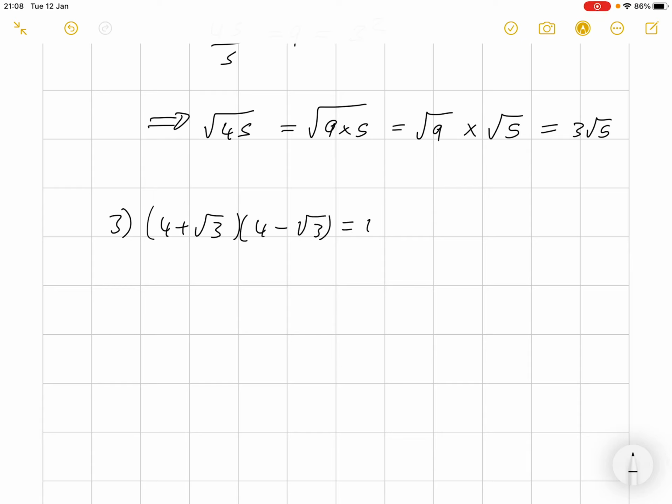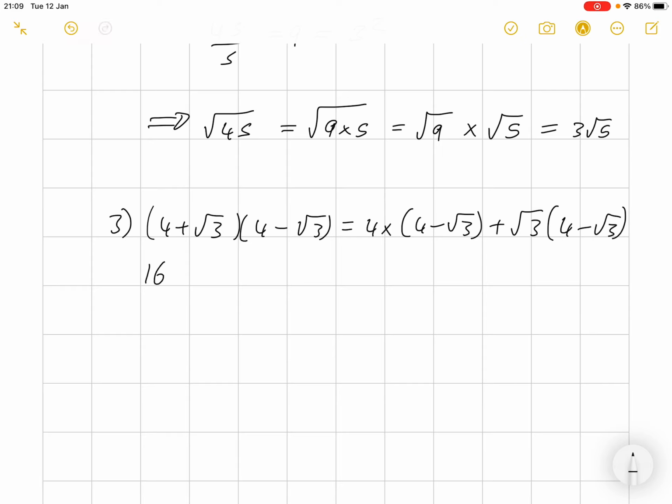This is equal to 4 times this, 4 times this, plus this root 3 plus root 3 times this. So let's expand this out.